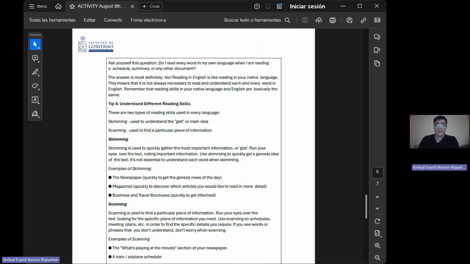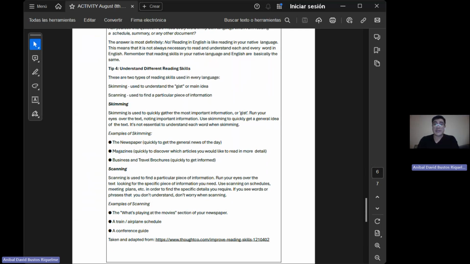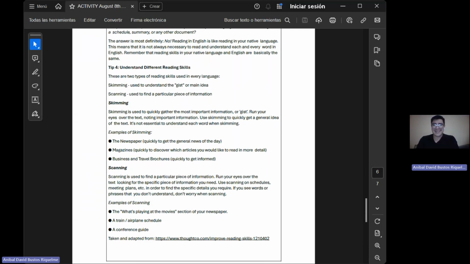Tip 4. Understand different reading skills. These are two types of reading skills used in every language. Skimming, used to understand the gist or main idea. Scanning, used to find a particular piece of information. Skimming.